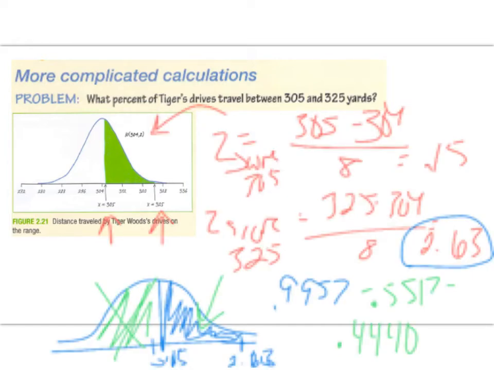So I show all of my work, and then I need to actually answer the question. So in answering the question, about 44.4% or 45% of Tiger's drives travel between 305 and 325 yards. So I put it in context using my boundaries that were set up in the problem.